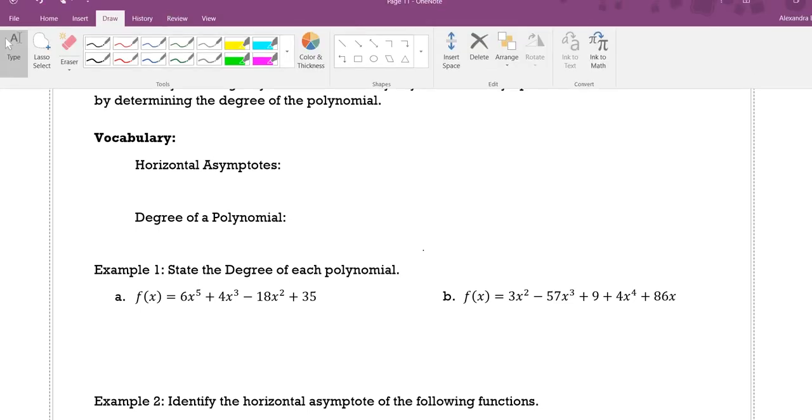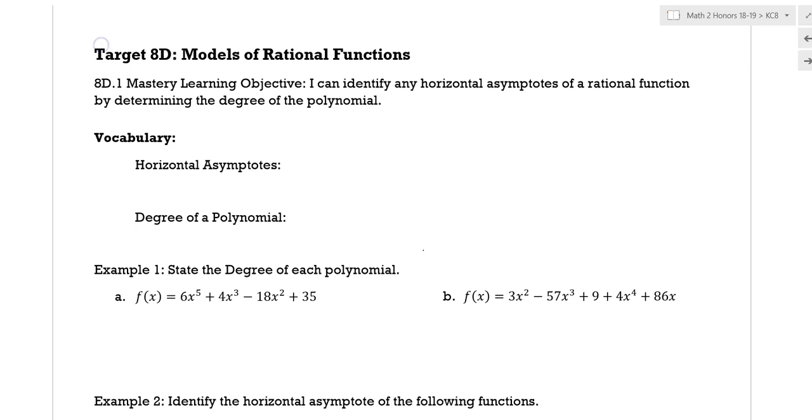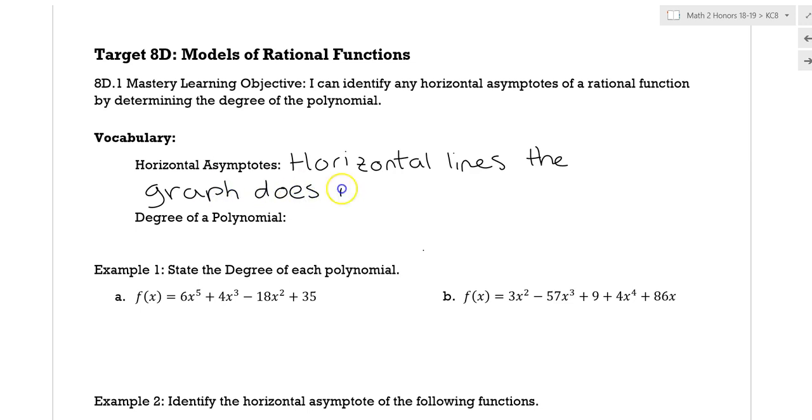So horizontal asymptotes, again, are horizontal lines the graph does not pass. And horizontal asymptotes, when we're finding them from an equation, have to do with the degree of the polynomial.